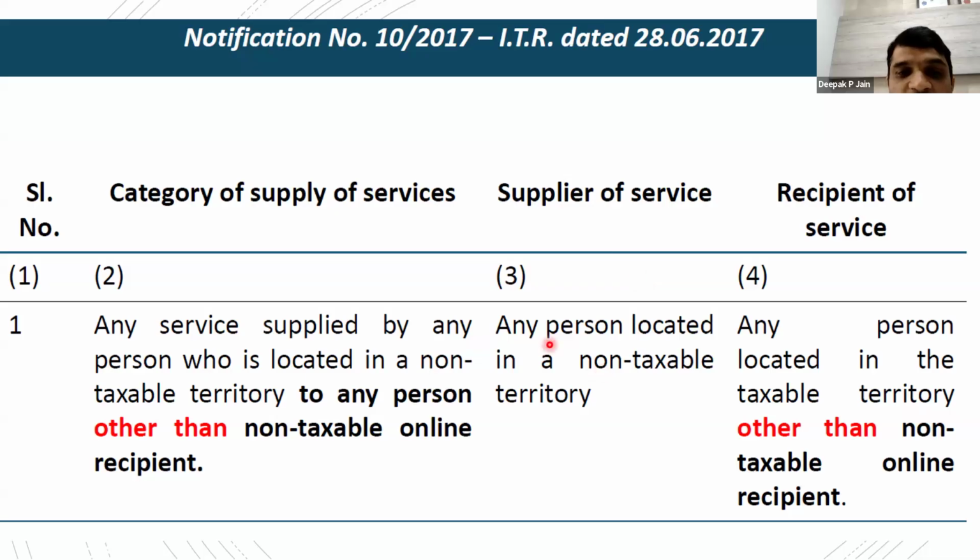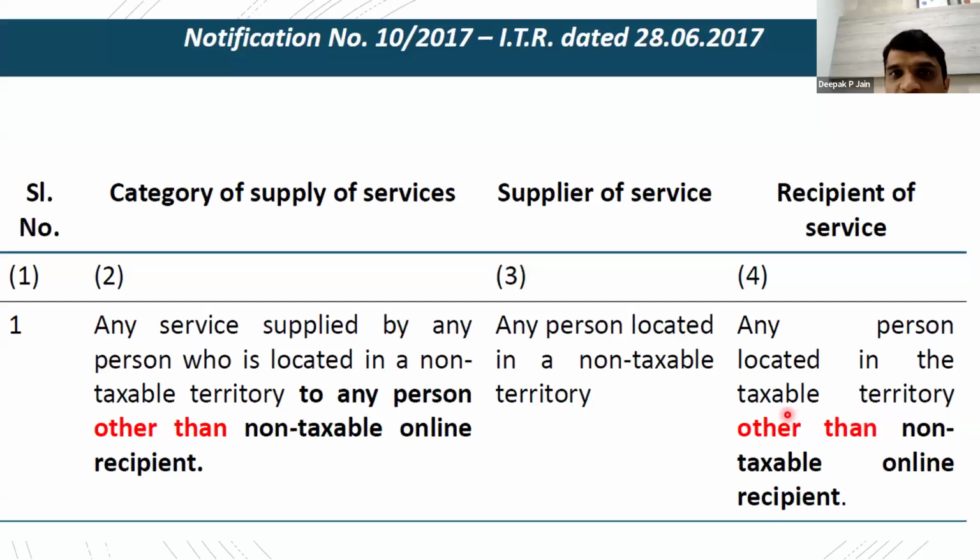The supplier of service will be any person who is located in a non-taxable territory, and the recipient of service should be any person who is located in the taxable territory other than a non-taxable online recipient. So in case of import of services, who is the person liable to pay tax? Any person located in the taxable territory.